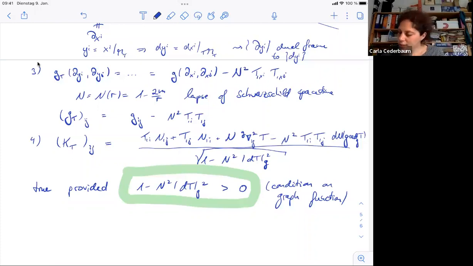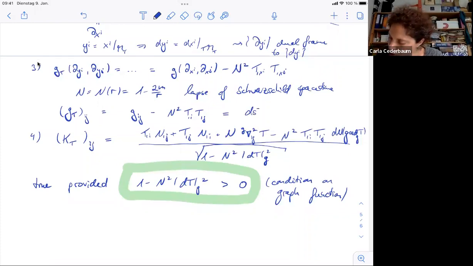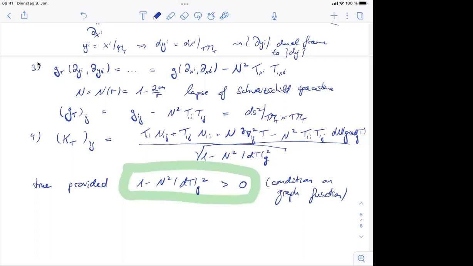This is really the same thing as taking ds squared and restricting it to M_t. This is another way to compute it. I could have taken the space-time metric and computed its restriction to the tangent space of this hypersurface, and I would get the same result. Good. Okay, thanks. Yeah, I think that makes sense.